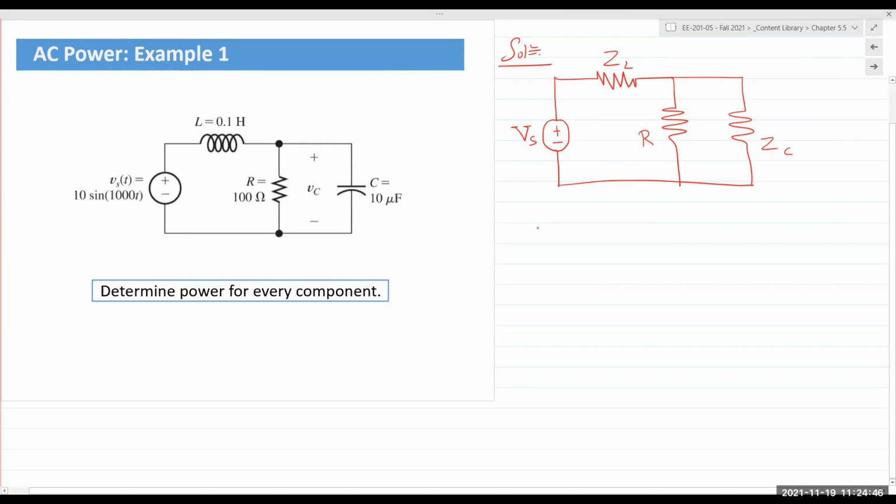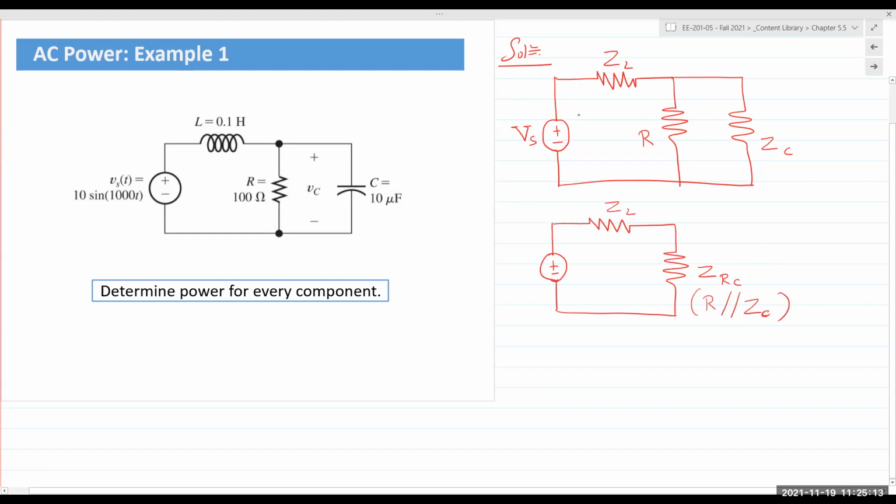I'm going to call this ZRC. ZRC is simply a combination of resistor in parallel with ZC.